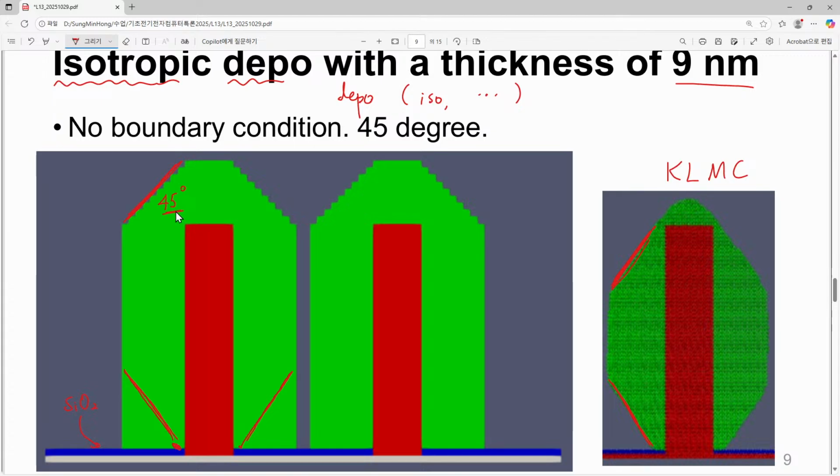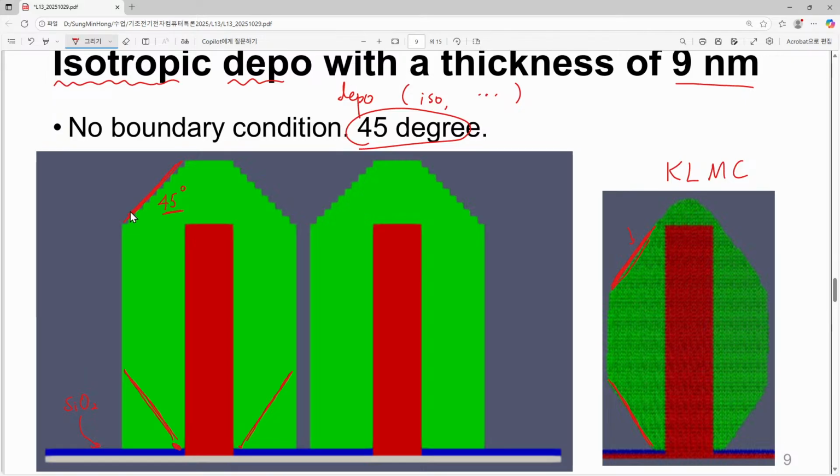So the best one we can have is just 45. But this one is steeper, higher than 50 degrees, 53, 54, I don't remember exactly, but this is steeper. So this is one thing.